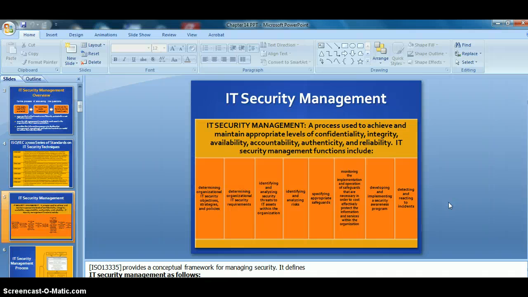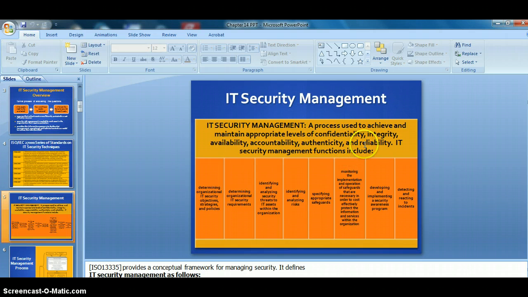IT security management is a process used to achieve and maintain an appropriate level of confidentiality, integrity, availability, accountability, authenticity, and reliability. When you go back to that definition and talk about confidentiality, integrity, availability, accountability, authenticity, and reliability, these are all what we call security services.